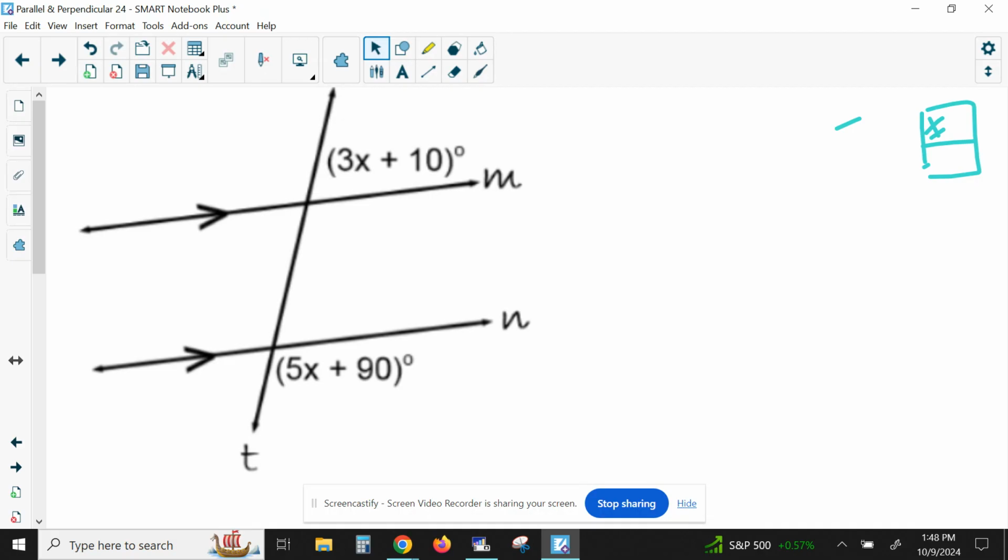Okay, so whenever you're given a problem like this, you should always start with what you just started with on the bell work. Start by figuring out what kind of angles they are. Now, the only angles we have information about are this one and this one, right? So remember, do all of those things that might help you.